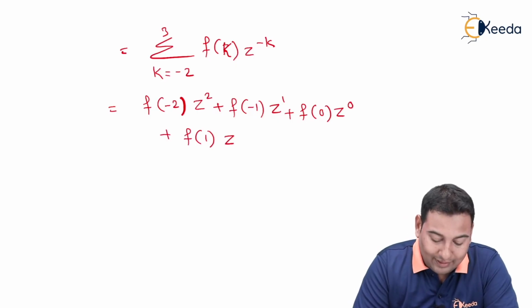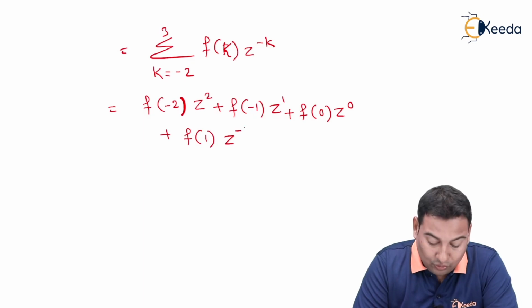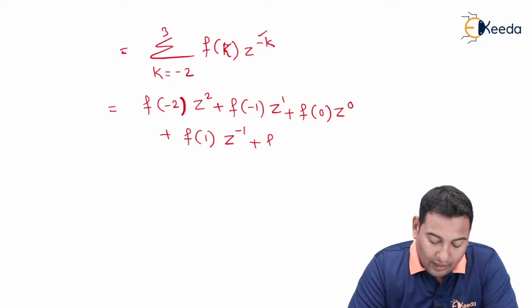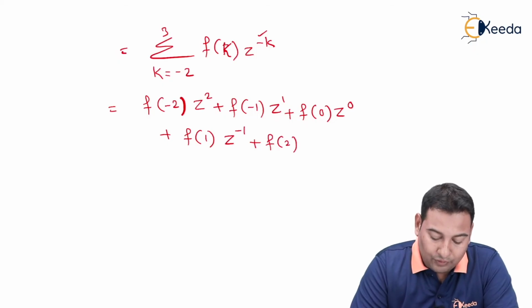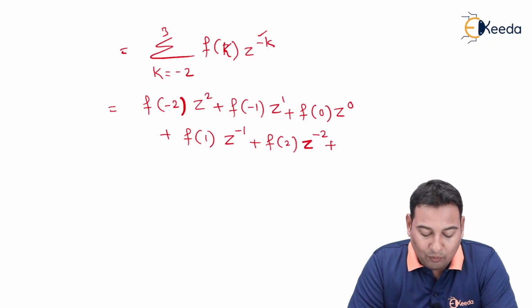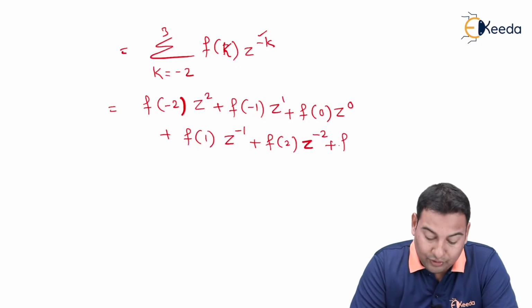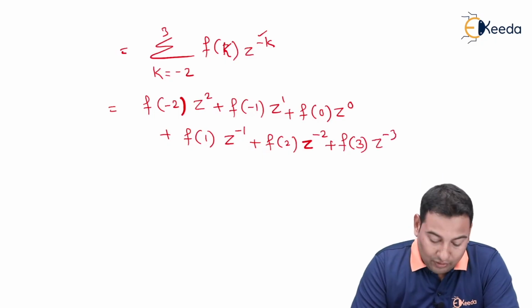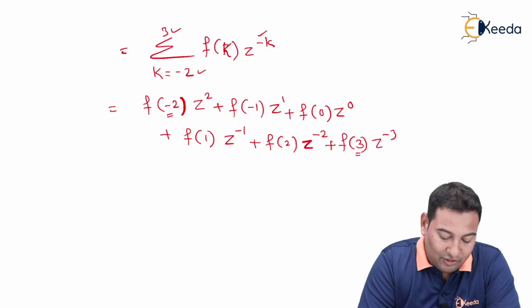Then f of 1. So k is 1, so that will become z to the minus 1 because in the formula we do have minus. Then f of 2 z to the minus 2. And finally let's put k equal to 3. So f of 3 z to the minus 3. So I'm starting from minus 2 going up to 3, as mentioned here.